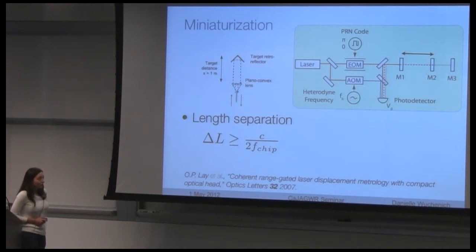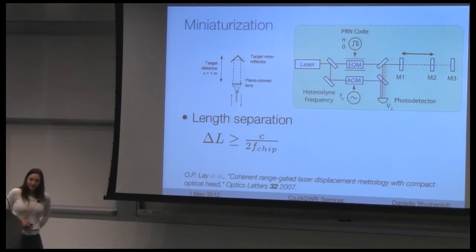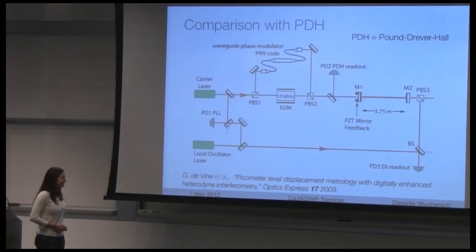And if you're doing this in reflection as opposed to transmission, you get this additional factor of 2 because it has to travel there twice, the round trip there and back. So with something like 100 megahertz modulation, you would get 1.5 meters between these two. Which is still quite big, but later I'll tell you how we're working to get that down.